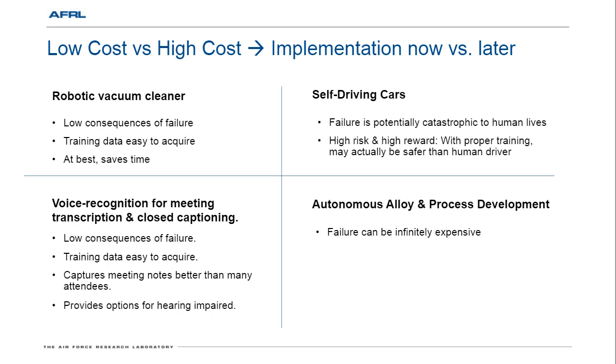Voice recognition for meeting transcription is also something where there are low consequences of failure, but it provides a lot of benefit for the hearing impaired. Autonomous alloy and process development is more like self-driving cars. Failure could be very, very expensive to equipment and to work pieces that have high value.